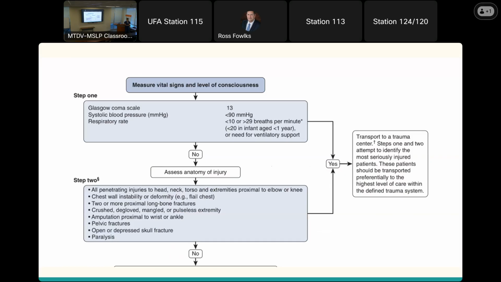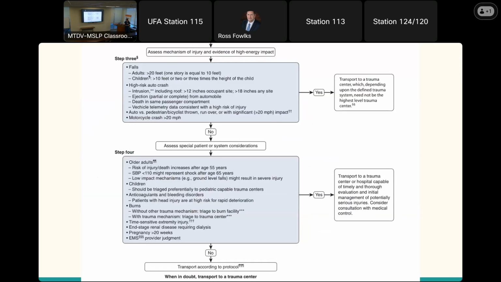I think we've already gone over this, and this was just the idea of going over trauma patient evaluation, who needs to be transferred faster, and the types of injuries that are going to be more severe. If they have any of these injuries, transfer to a trauma center, or just follow your own protocol if they don't have any of them.